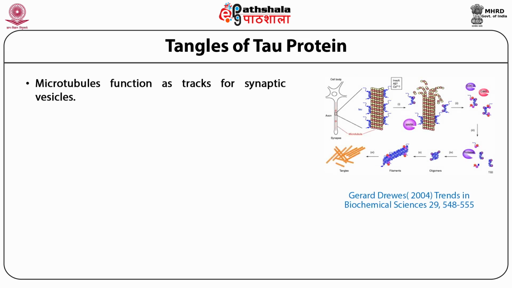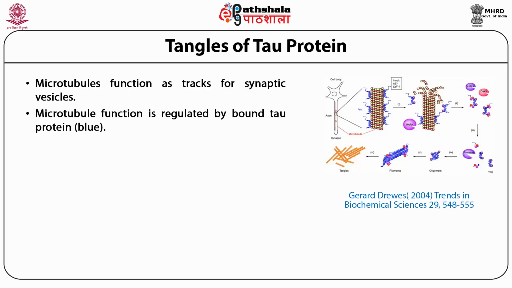The microtubules function as the tracks for the synaptic vesicles. Microtubule function is regulated by bound tau protein, which you can see in the figure. The microtubules are stabilized by tau when it binds, and when tau is removed, the microtubules disintegrate.